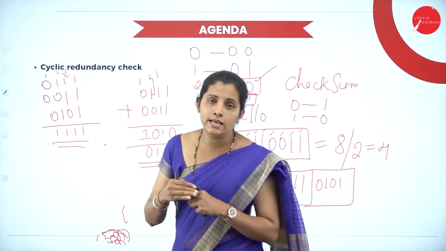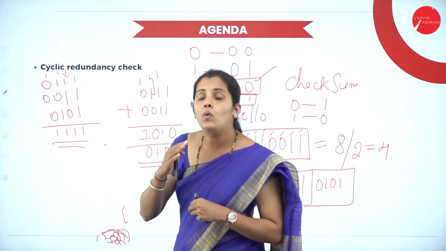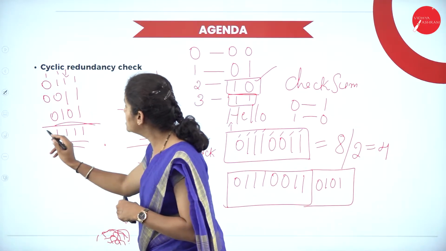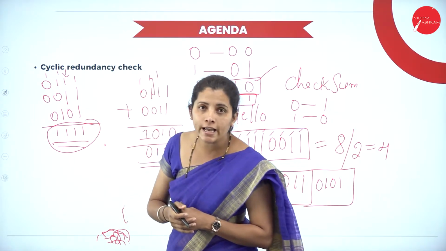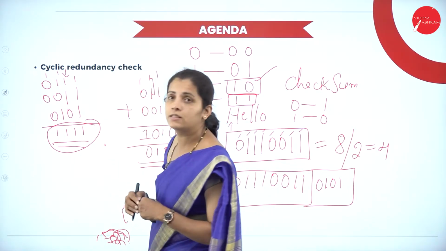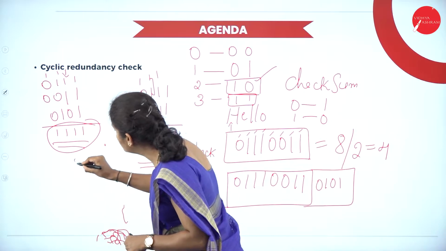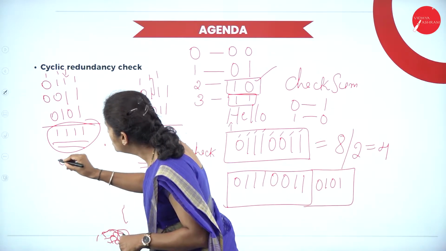What is my next step? I want to take the ones complement of this value. So if I take the ones complement of this number, then I'm going to get 0, 0, 0, 0.